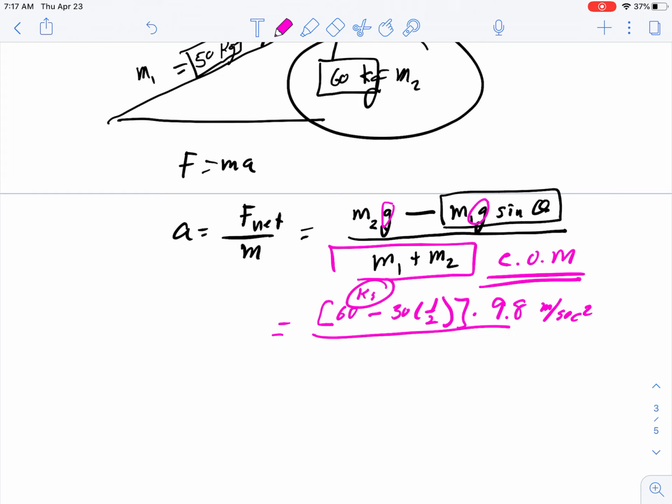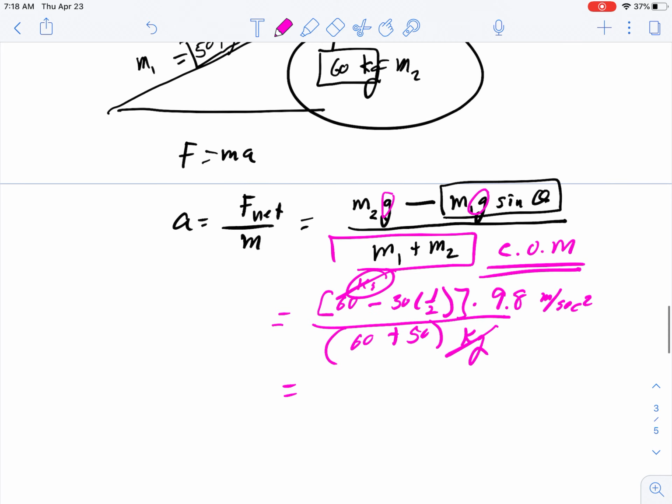Notice these are kilograms in here. And my masses here would be 60 plus 50, and we have kilograms on the bottom. So notice my kilograms cancel out. And if you plug this in, you should get 7.5.